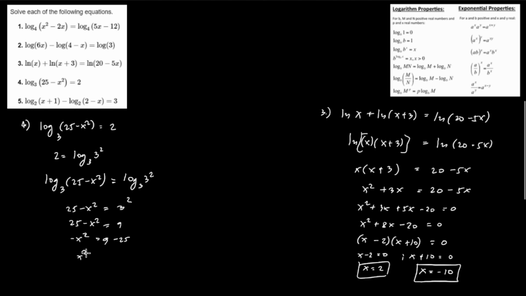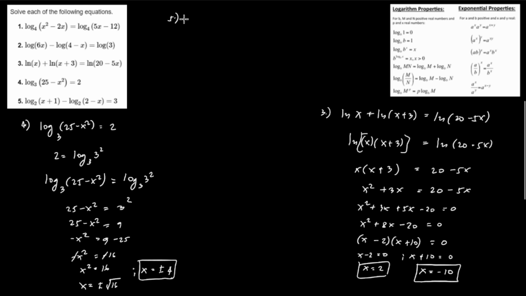So this is x squared, and 9 minus 25 is negative 16, and cancel out the negative sign, or x squared is equal to 16. x is equal to plus or minus the square root of 16, and x is equal to plus or minus 4. So the values of x are x is equal to plus 4 and x is minus 4.